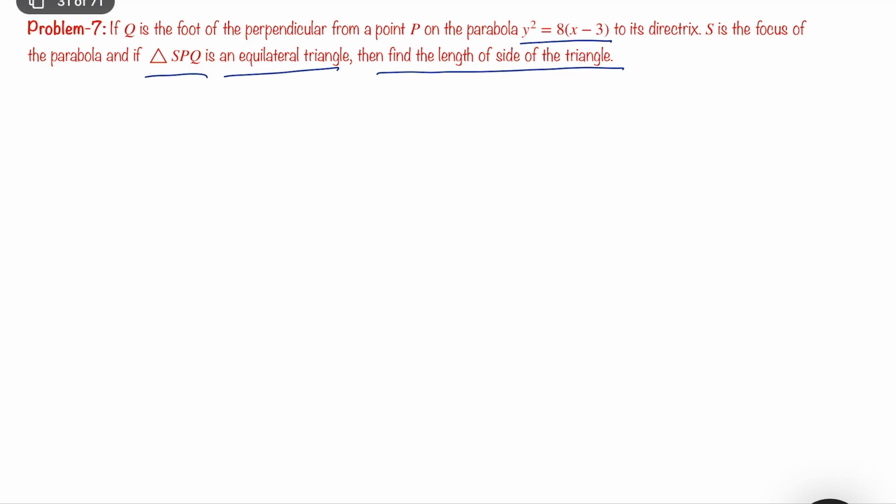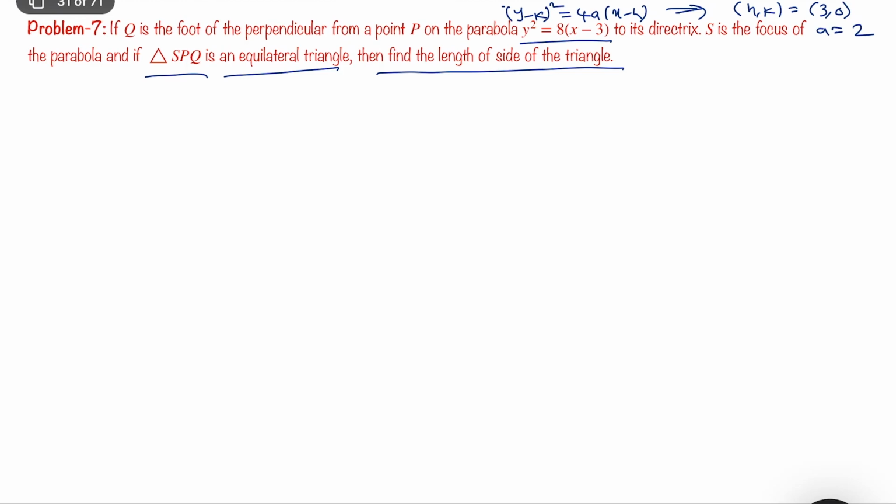For me, this equation y square equal to 8 times x minus 3 looks like y minus k whole square equal to 4a times x minus h. So if you compare with this, here h comma k role played by the point 3 comma 0, and a will be 2 because 4a equal to 8, so a must be 2.